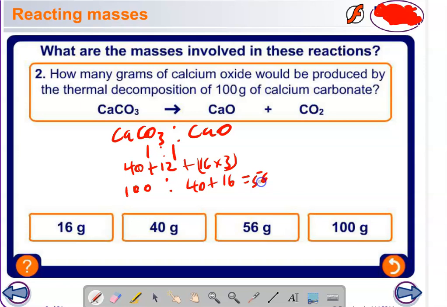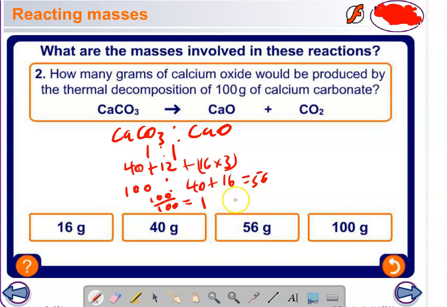We've already done that previously. And so 100:56. Calculate the number of moles of calcium carbonate, and that is the mass that has been given, which is 100, divided by 100. This should give you 1. So the number of moles of calcium carbonate is 1, and the mole ratio is 1:1, so the number of moles of calcium oxide is also 1.